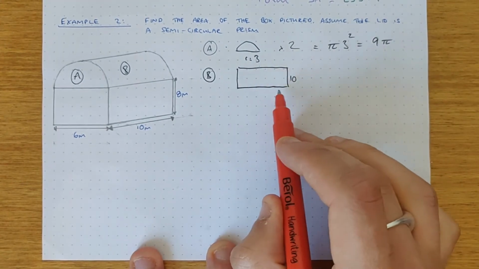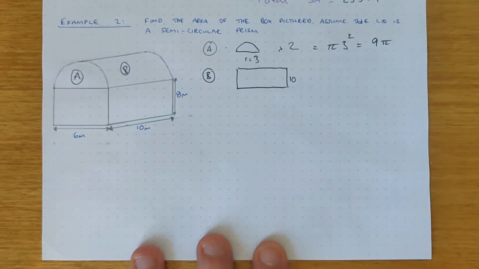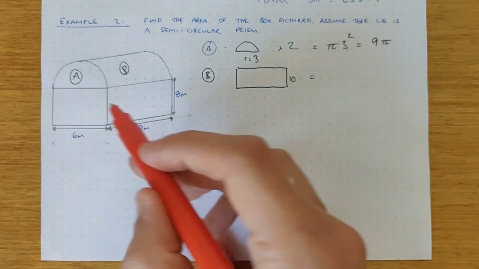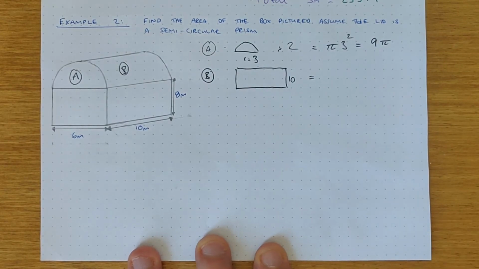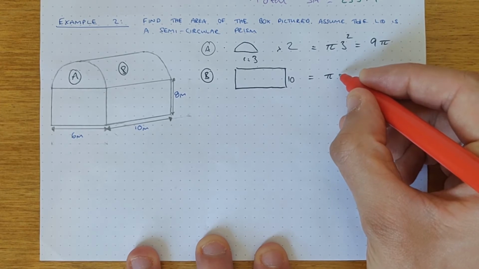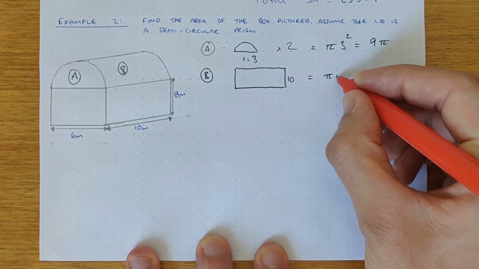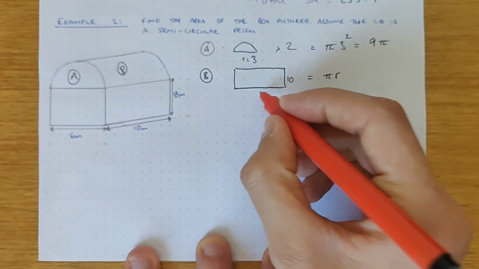I then want to find this, which will be half of the total circumference if this was a full circle, and that is 2 pi r, but I know I'm dividing it by 2, so it just becomes pi times r, and that's times by 10.